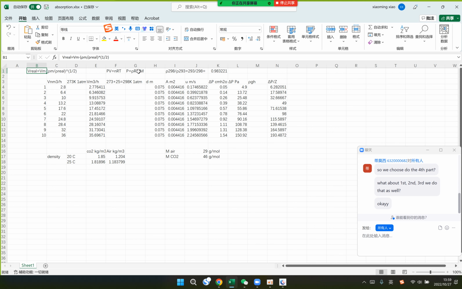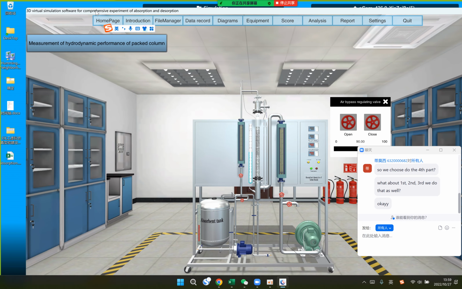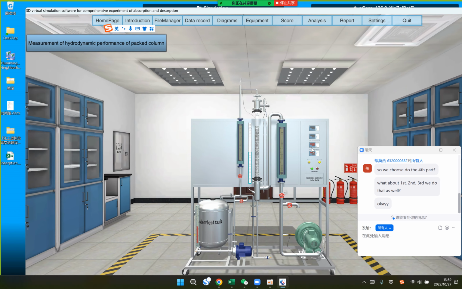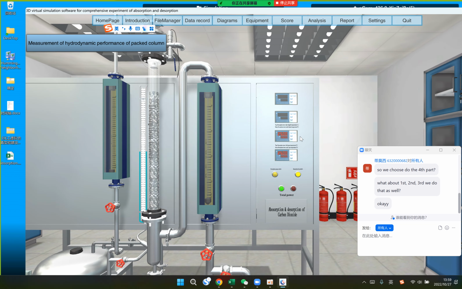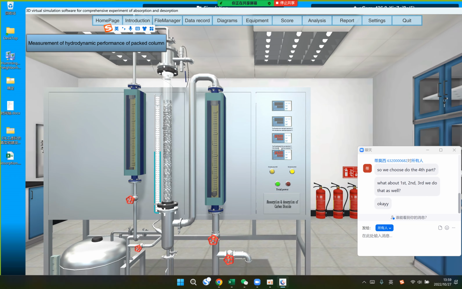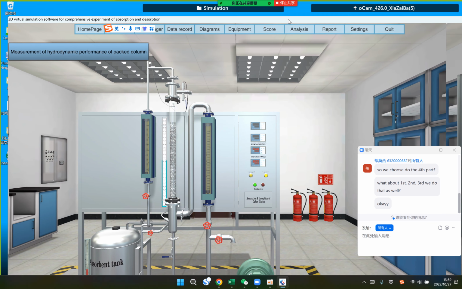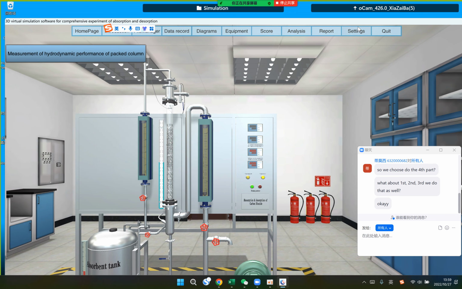The temperature in this experiment is 25, if you remember, but the standard condition for the meter is 20 Celsius degrees. So we have to change the reading from the measured into real.